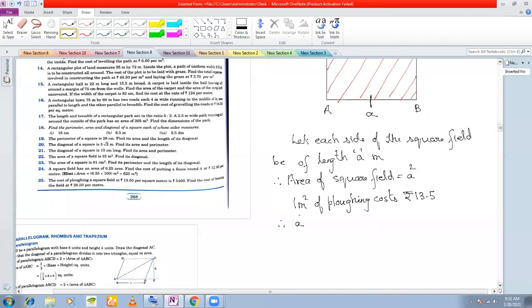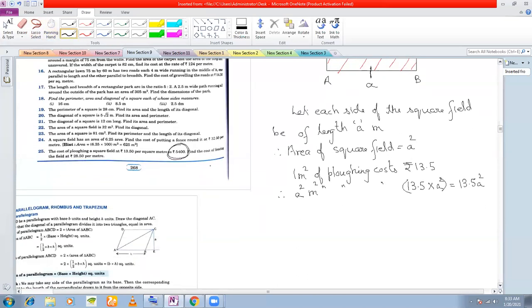Therefore, a square meter square of plowing would cost how much? 13.5 into a square, which is equal to 13.5 a square. This much is the total cost. But what is the total cost given here? Total cost given here is 5400.